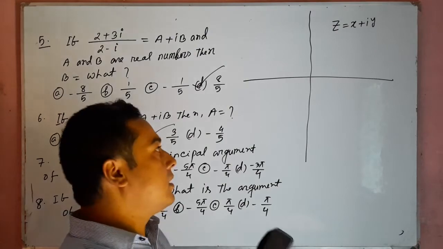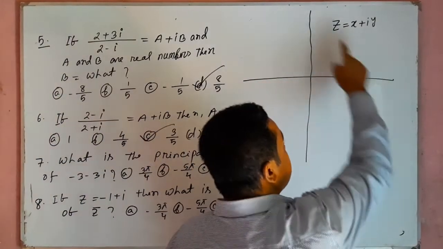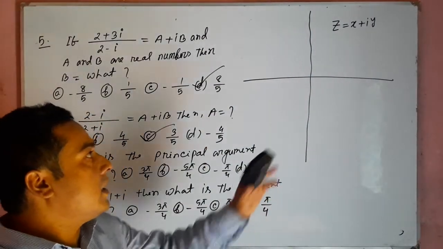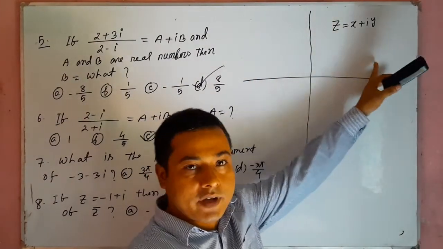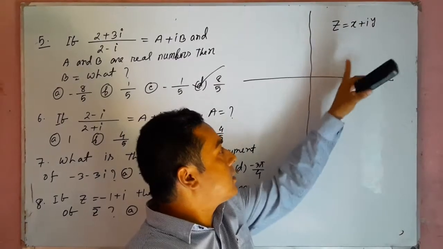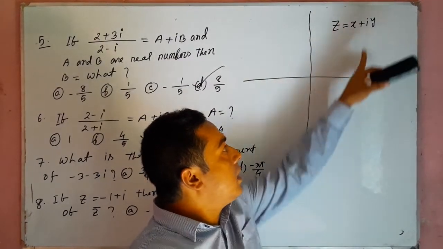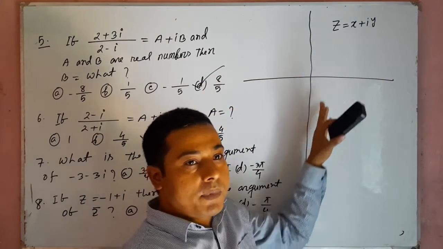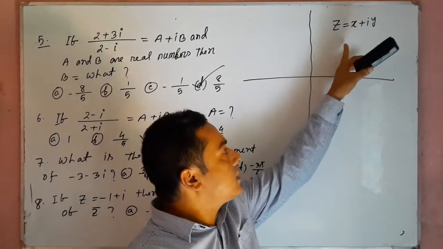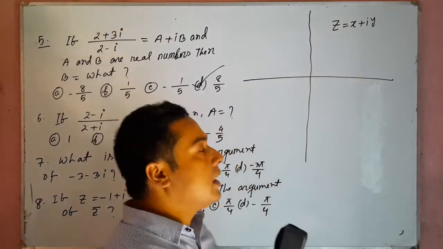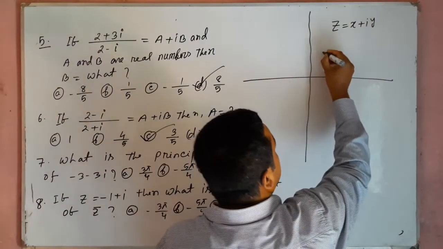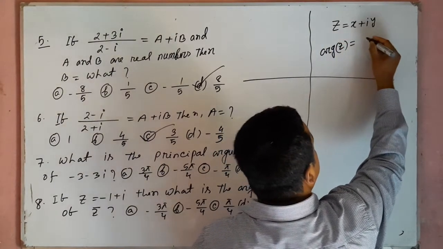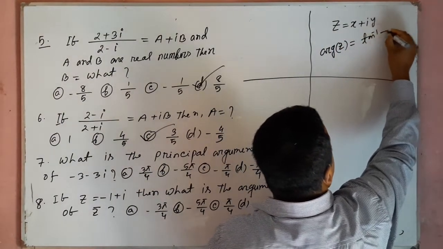The x axis is the real axis and the y axis is the imaginary axis. If the complex number lies in the first quadrant, assume x is the real value and y is the imaginary value lying on the y axis, then argument z is equal to tan inverse y by x.